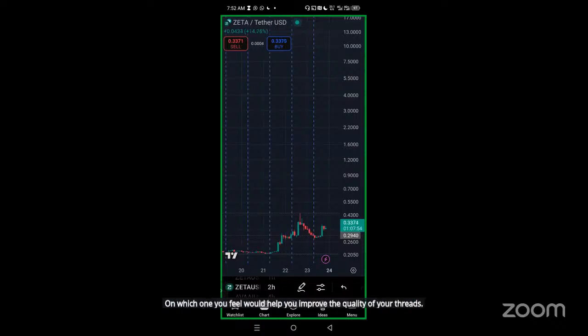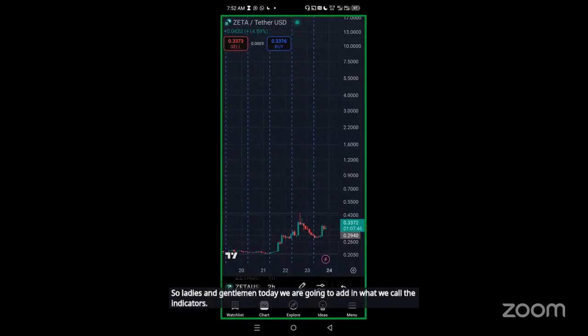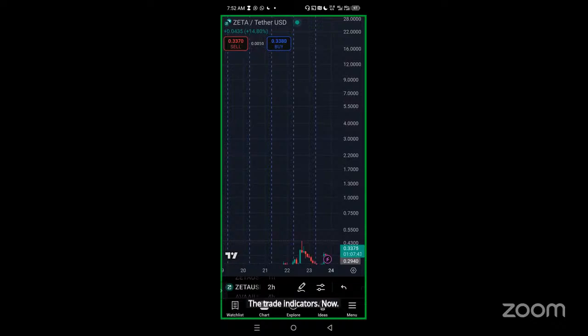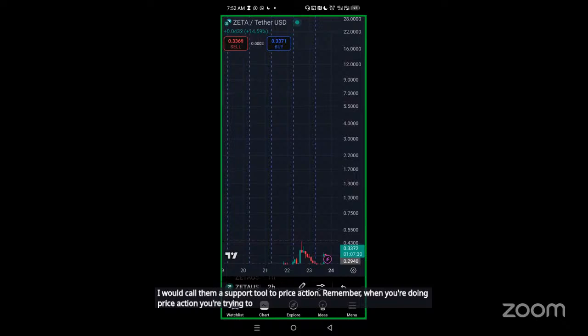Ladies and gentlemen, today we are going to add in what we call the trade indicators. Trade indicators are, I would call them, a support tool to price action. Remember, when you're doing price action, you're trying to analyze the market in real time.